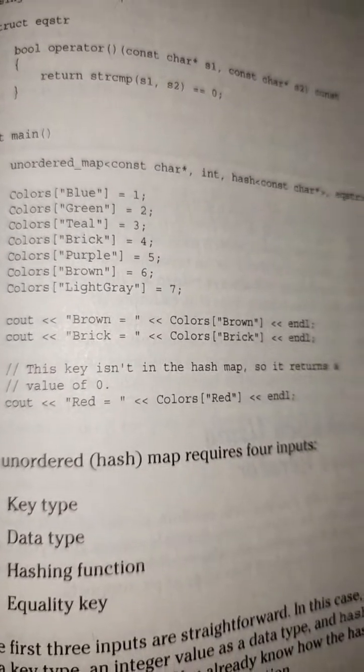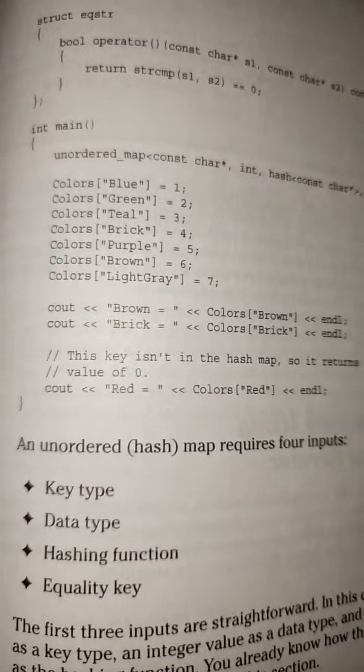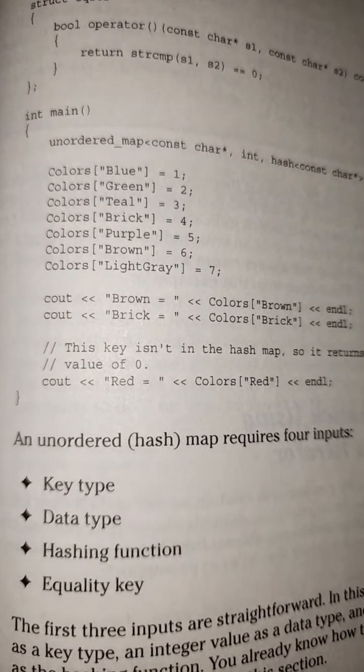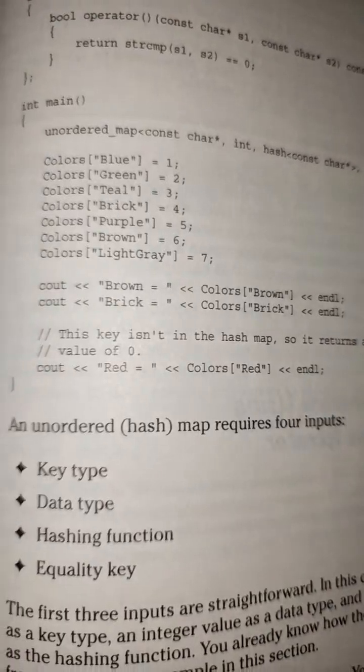This key isn't in the hash map, so it returns a value of 0. cout << colors["red"] << endl.